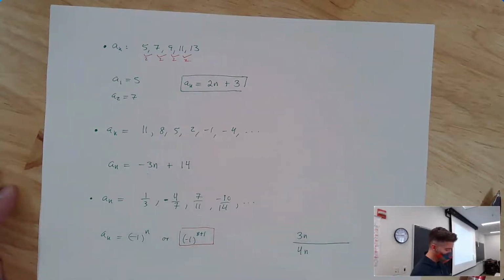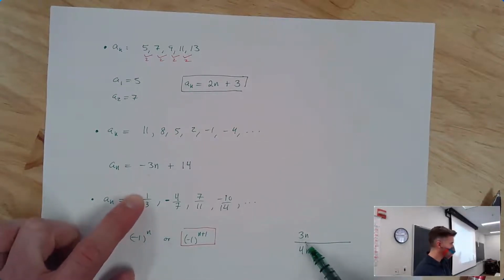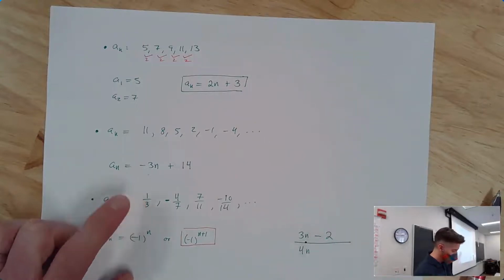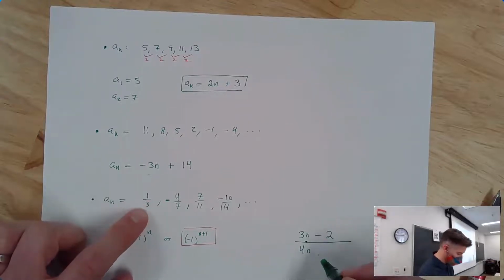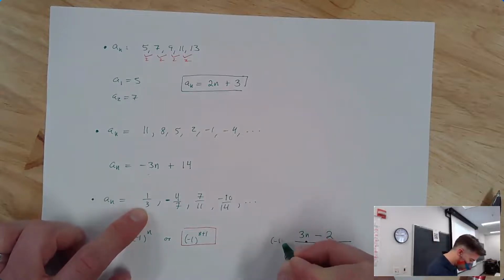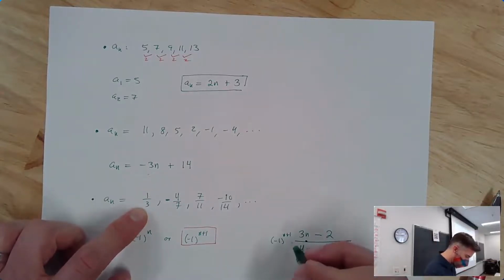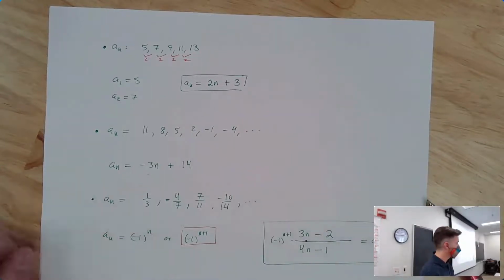And when I plug in n equals 1, on top I want to get 1, but I'm getting 3. So what do I need to do? Subtract 2. And in the denominator, when I plug in 1, I get 4, but I want to get 3. So I need to subtract 1. And then I need the -1 to the n plus 1. And that would be the formula for my sequence there.